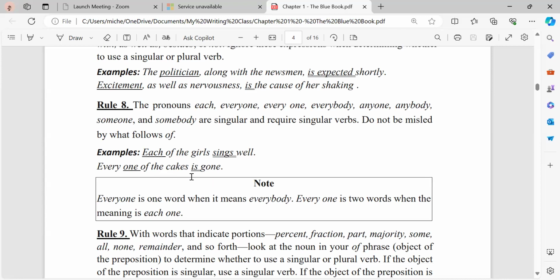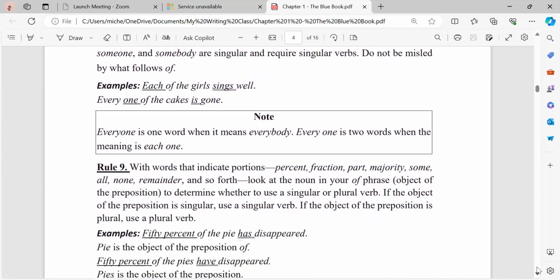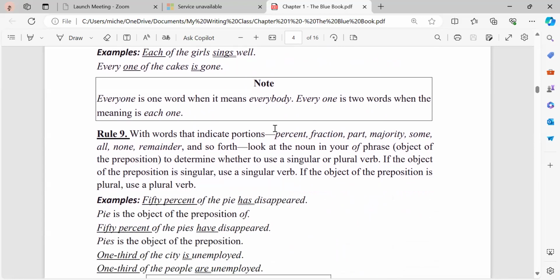That is why we are using the singular verb right here, which is "is." And for the first example, we use "things." Okay, so this is what I was talking about previously. Everyone is one word when it means everybody, and every one with a space is two words when the meaning is each one. So this is the definition.